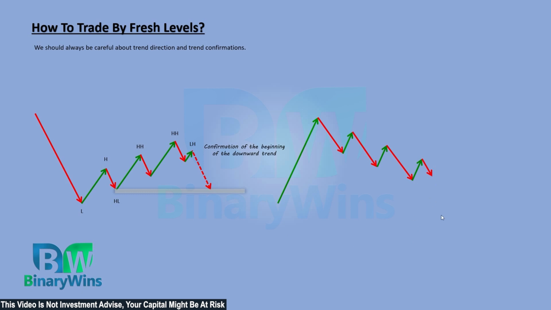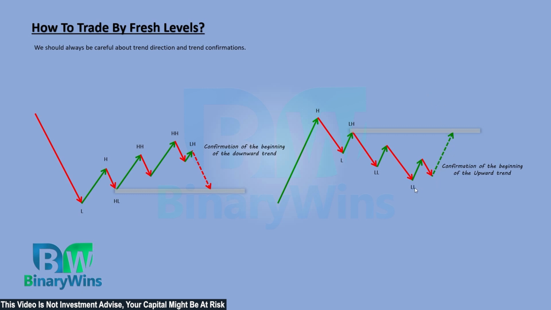Look at this example. A downtrend is seen with trend confirmations identified here. This is our fresh level. The retracement trend has reached our fresh level. But we still can't trade with the sellers here, and there is a 60% probability that the next candle will move up and cross the level, because we have the confirmation of the beginning of the upward trend.